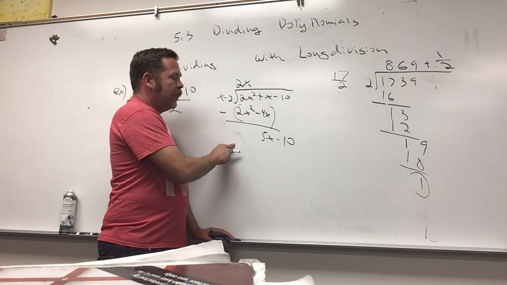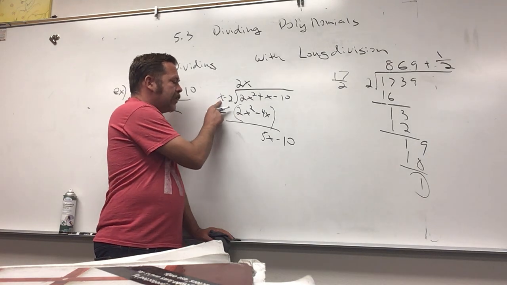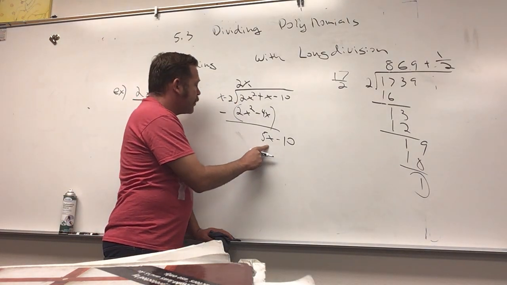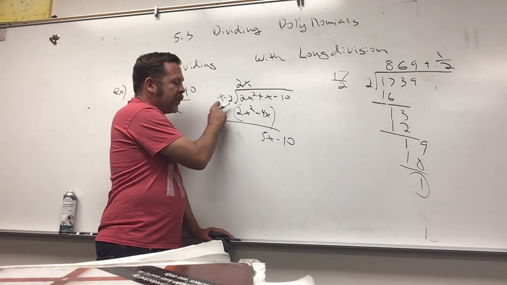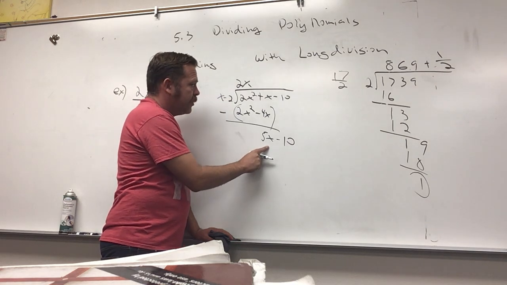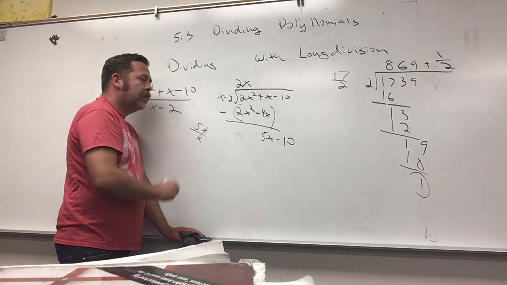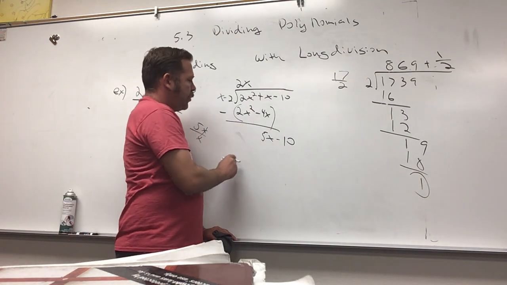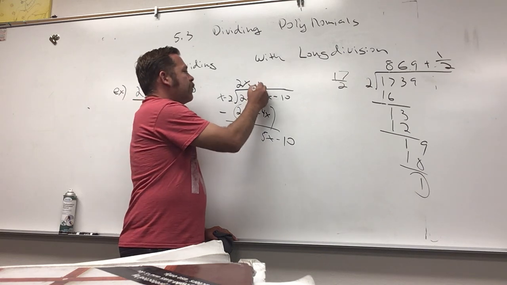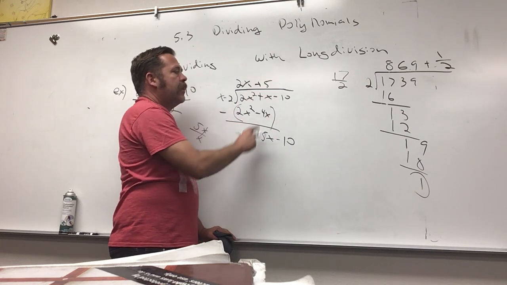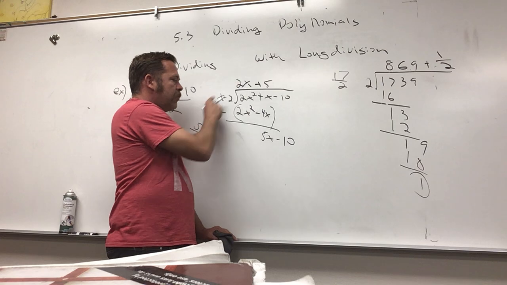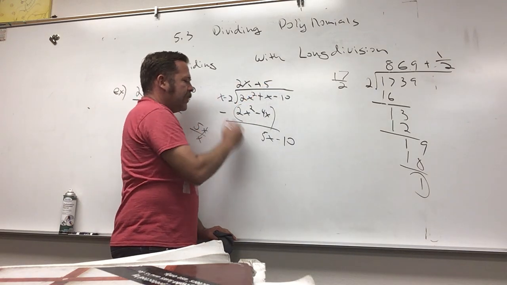Now how many times does x go into 5x? What would you have to multiply x by so that it would be 5x? Or what is 5x over x? Well, it's 5. So x goes into 5x 5 times. And then we multiply. 5 times x is 5x.